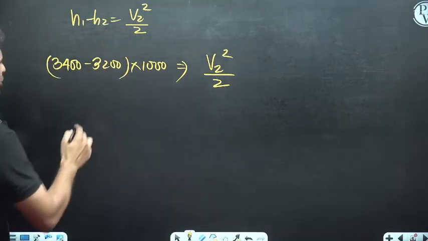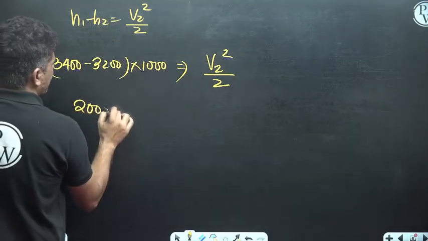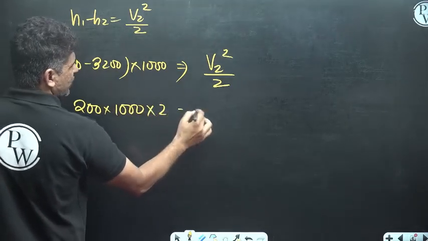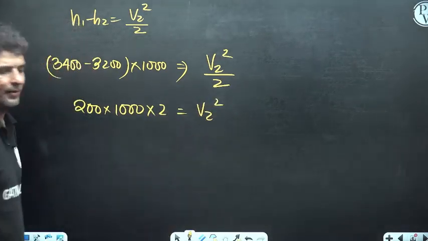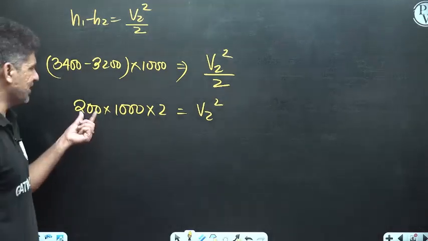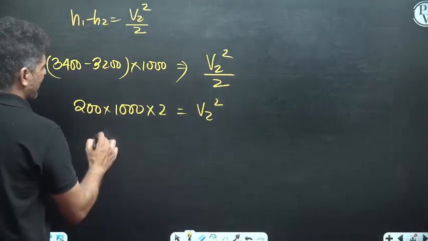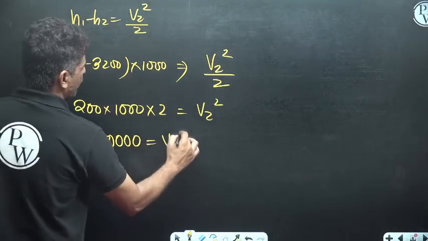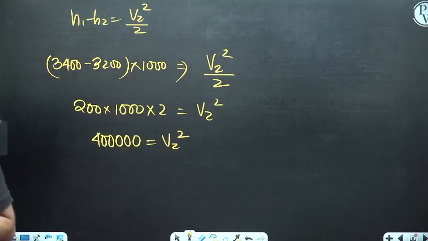Is it clear? So this will be your 200 multiplied by 1000, and there is another 2, that is equal to V2 square. Okay. So now this is 400 multiplied by 1000. This is how your V2 square will come.